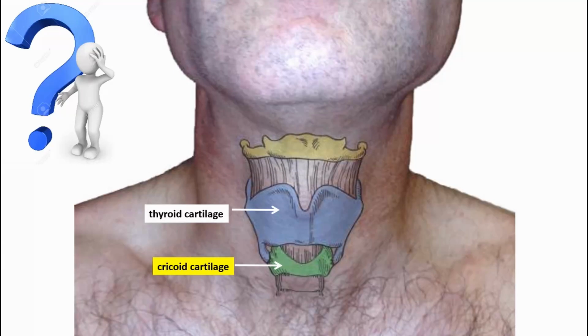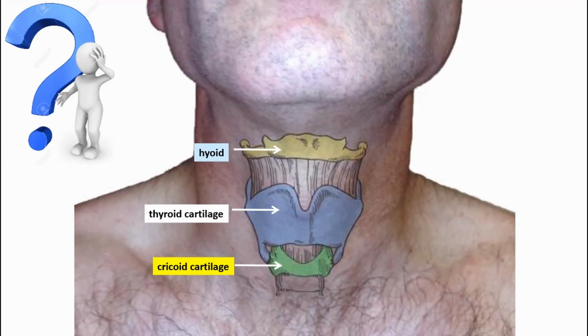The common name of this cartilage is Adam's apple. And then the whole of the larynx is attached to the hyoid bone. And you know the hyoid bone is a horseshoe bone within the horseshoe shape of the mandible.